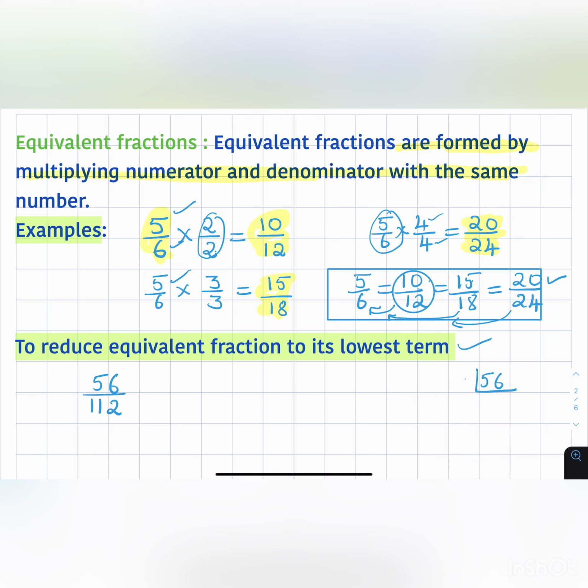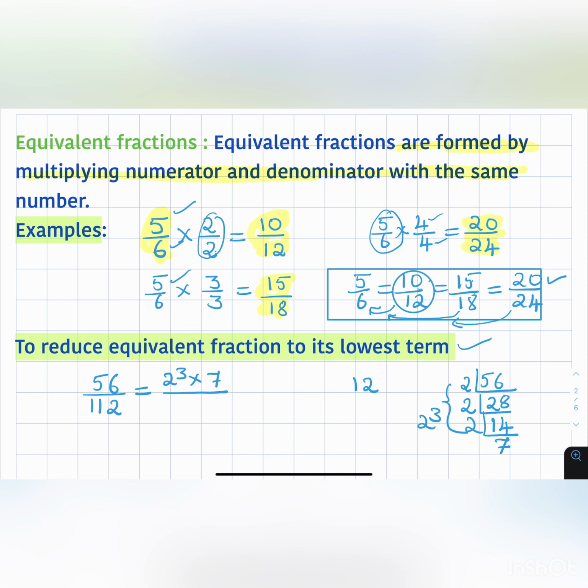If we take the prime factors of 56, this is 2 twenty-eights, then 2 fourteens, 2 sevens. So this 56 can be written as 2 cube into 7, right? Now 112. How do we do this 112?